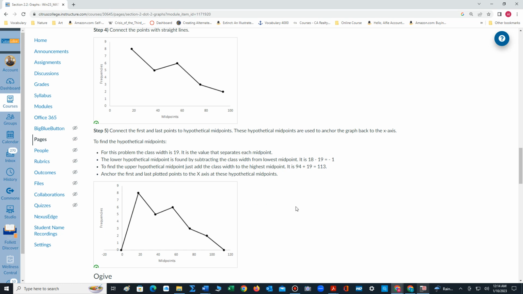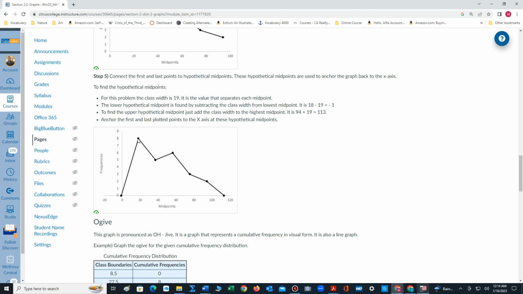Now the final step is a little interesting. We have to connect this first point to the x-axis and the last point to the x-axis, where hypothetical midpoints would be located. So remember, all the midpoints are separated by the class width, which in this example is 19. So we start with the lowest midpoint, 18, and subtract 19 to get -1.